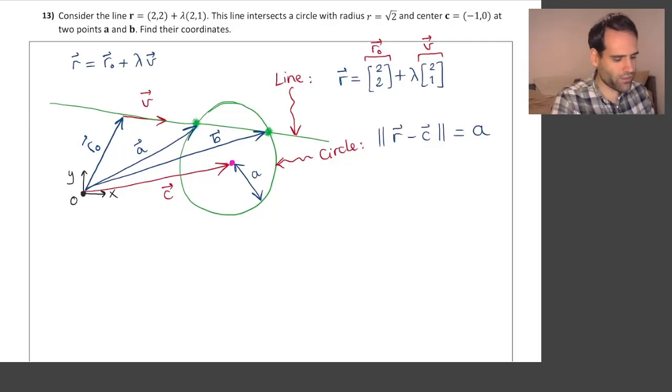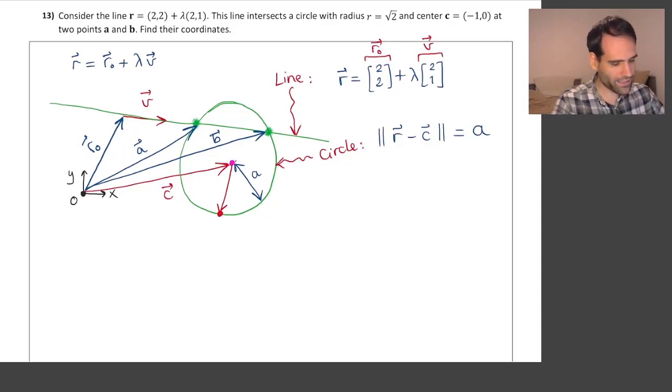So what does this equation mean? It means that the length of a vector that joins r, where r is any point in the circle, to c, so that would be a vector that points from the center to any point in the circle r, has a length equal to the radius. That's the definition of a circle. So this is the equation of the circle.